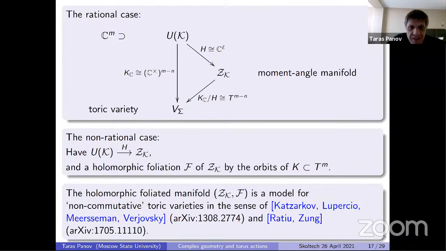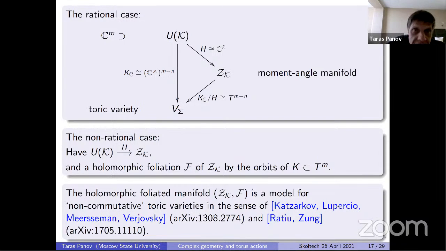This can be thought of as a model for what's now called non-commutative or non-rational toric varieties. There are several groups of people currently exploring this. I'll mention just two of them: Katzarkov, Lupercio, Meersseman, and Verjovsky, and Rachu Zoom. So the non-rational deformation of a toric variety is just a foliated moment angle manifold.